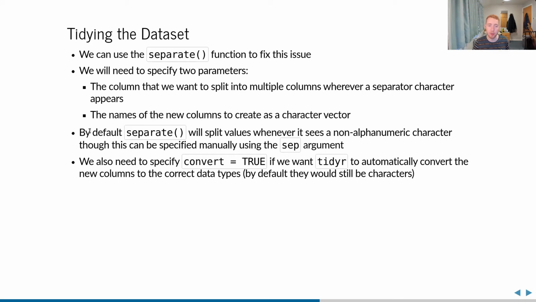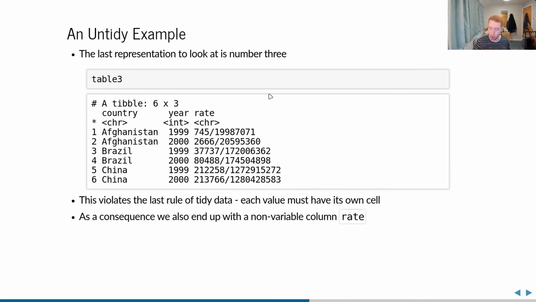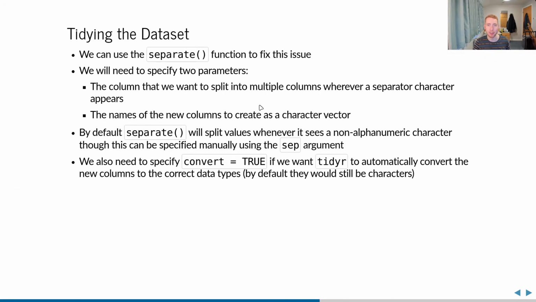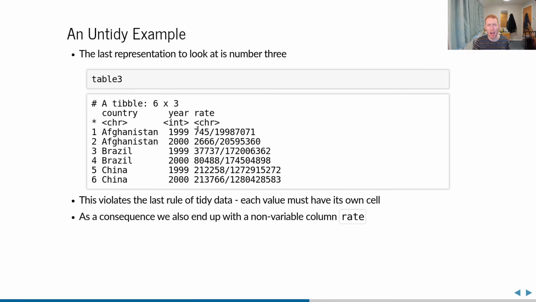And then by default, separate is going to split the values in the column we specify whenever it sees a character that is non-alphanumeric, so not a letter or a number. Although we can manually specify which character to split on using the optional sep argument. And sometimes it's good to just throw this in for safety. Maybe for some reason, a data processing error, you had a negative case rate.